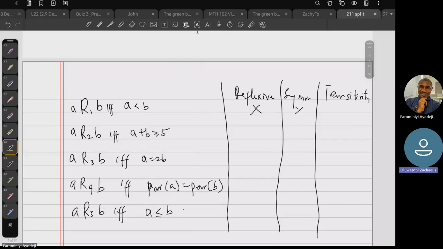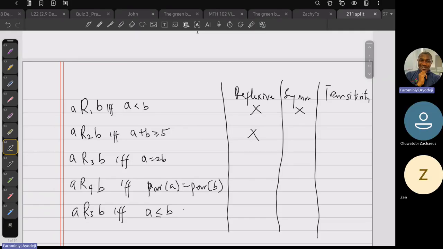Reflexive? No, it's not reflexive. Symmetric, is it symmetric? Let me use an example first. A plus B, addition is commutative. So if A plus B is greater than or equal to 5, B plus A must also be greater than or equal to 5. So it is symmetric.